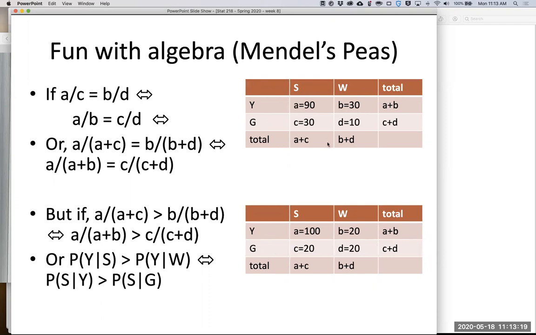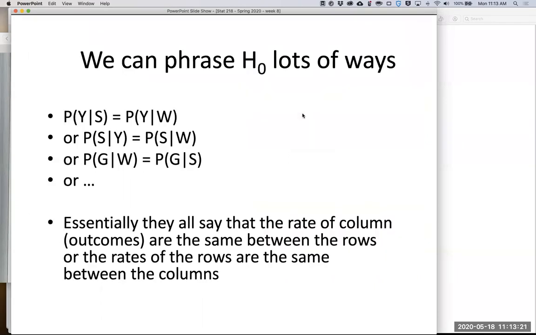A lot of different ways of phrasing that, but Gregor Mendel would say, among the smooth peas and among the wrinkly peas, the rate of yellow is the same. I could also say among the yellow peas, the rate of smoothness is the rate of smoothness among the wrinkly peas, or the rate of green of the wrinkled equals the rate of green of the smooth. A lot of different ways I could phrase the exact same concept.